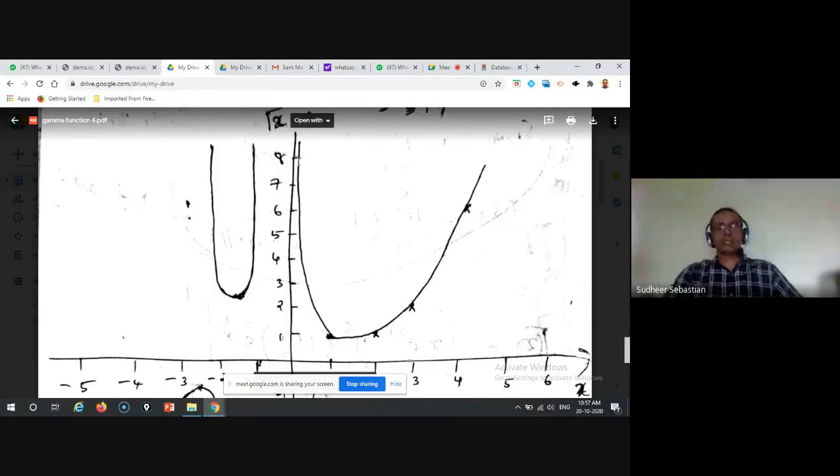Do you understand how this gamma function is varying, the variation of gamma x for positive values of x?